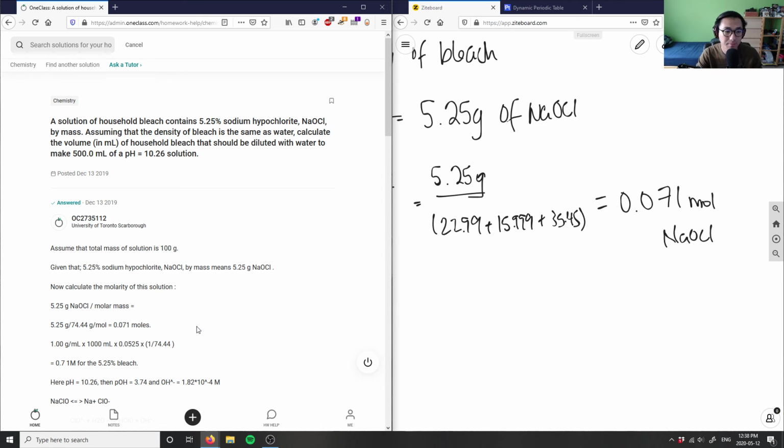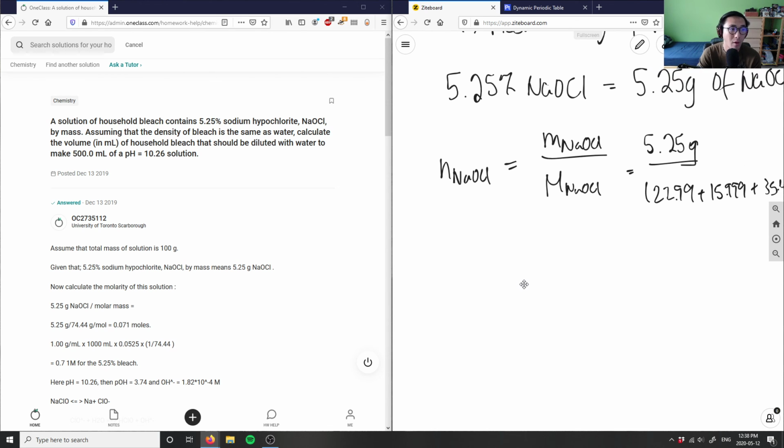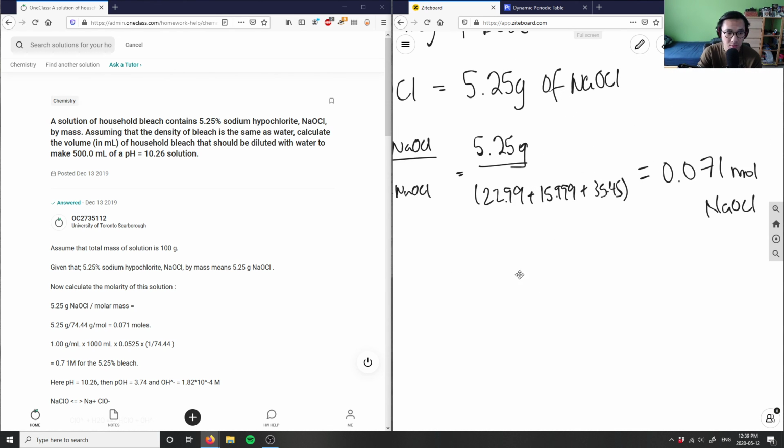Yes, it is. So what they're doing here is trying to find the concentration for 5.25% bleach. So they're simply dividing this number by 1,000, or by 1 liter here.